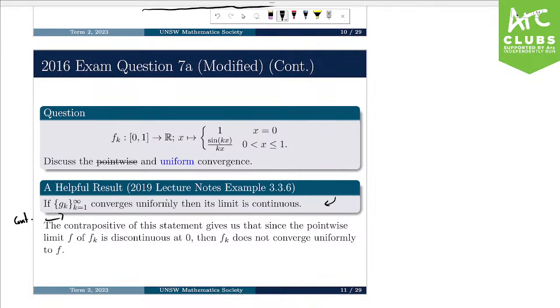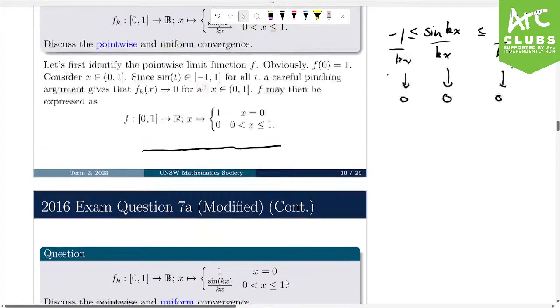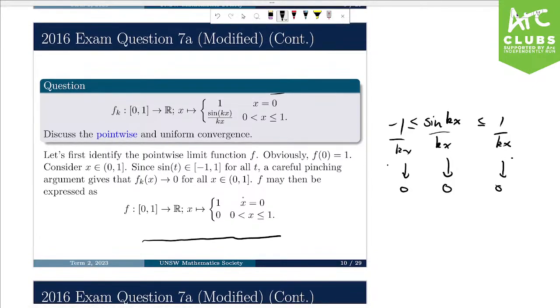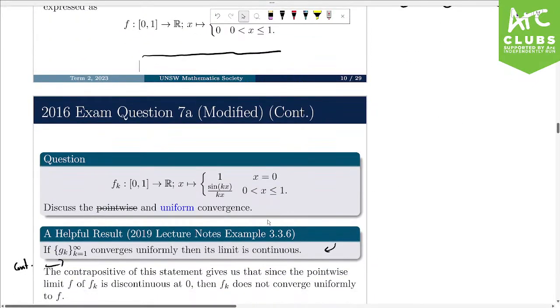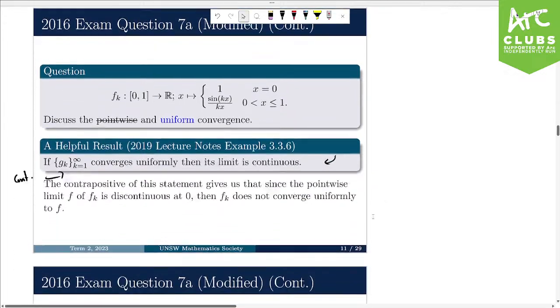But here the limit has to be continuous, and this is clearly not. So that means this sequence of functions does not converge uniformly.